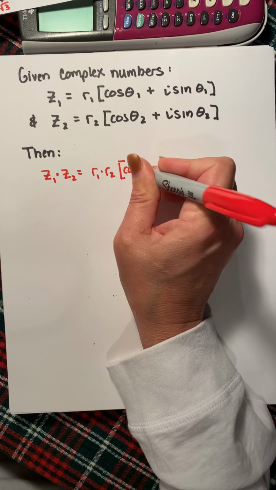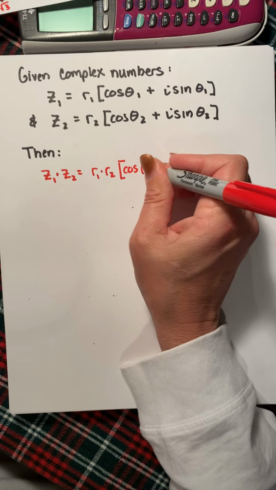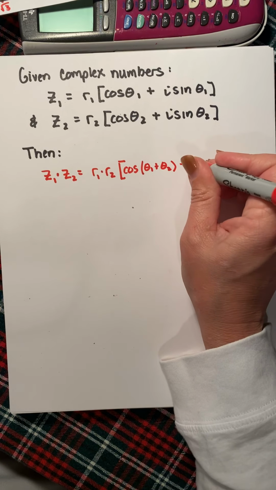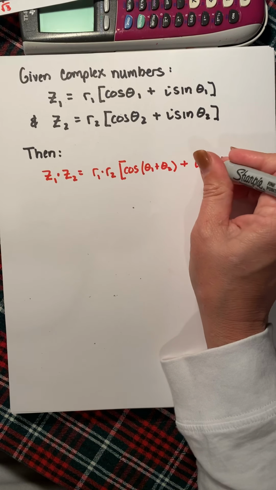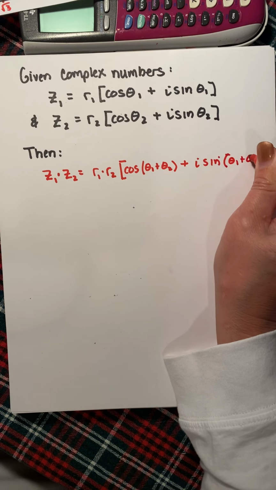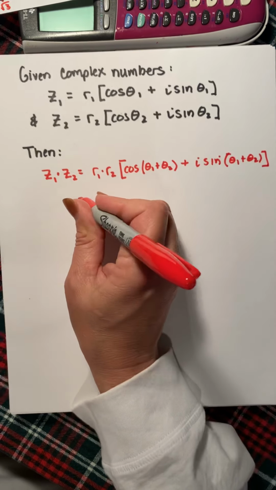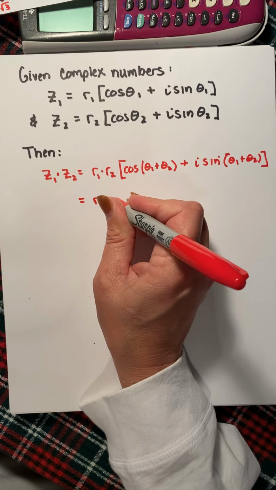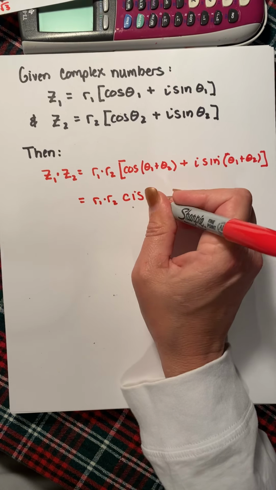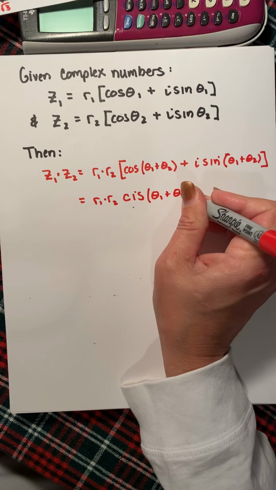And then we take the cosine and we can just add those two angles together. Theta 1, the argument from the first complex number, plus the argument from the second complex number, i sine of theta 1 plus theta 2. And just a reminder, we could write this like this. We can write cis of theta 1 plus theta 2.